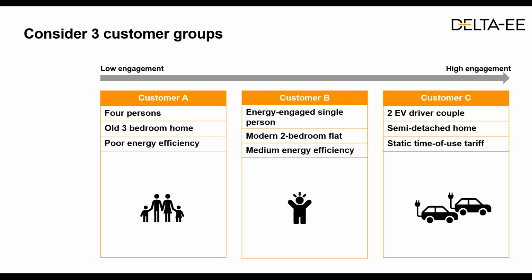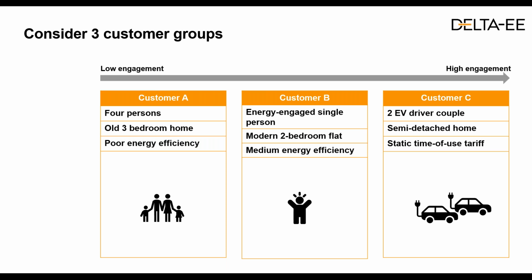Customer B is single and interested in energy, so we call him energy engaged. He is living in a modern flat with medium energy efficiency. And customer C is a couple who have already invested in new energy assets, such as electric vehicles, and have subscribed to a time of use tariff. From left to right, the energy engagement level for each customer grows from low to high.